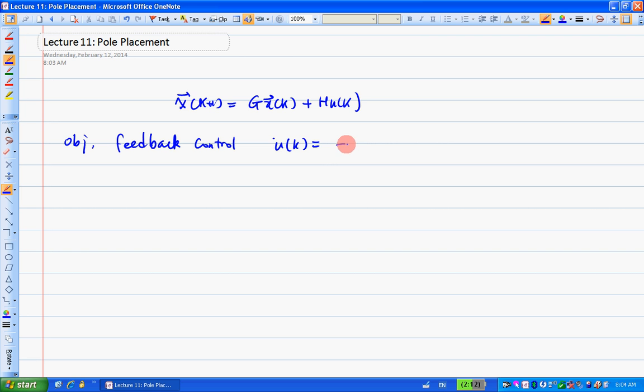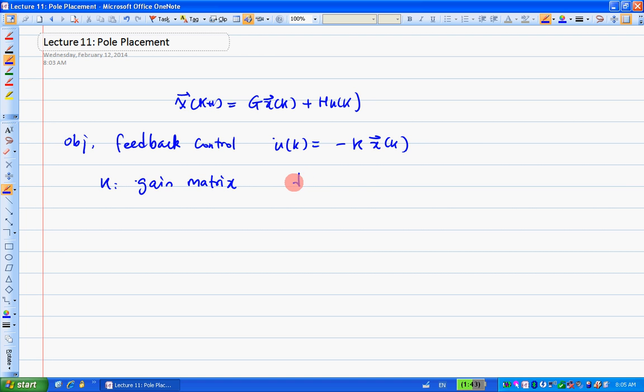This feedback is a negative feedback, and the feedback is based on the state variable x of k, right? So essentially, this is the simple controller you're designing here, and the key here is what we call the gain matrix, or matrix gain. This is basically what you want to design in here.